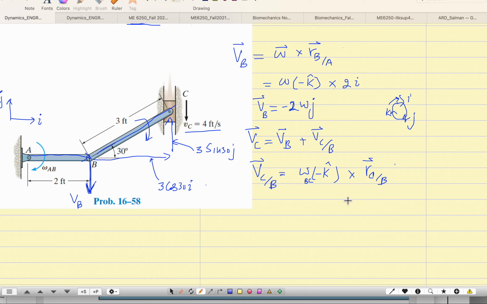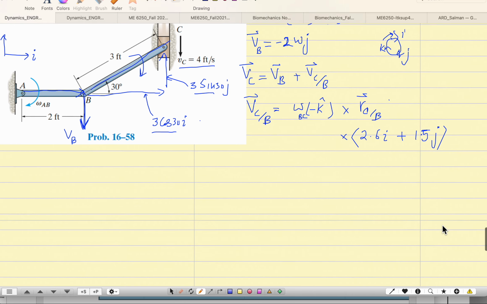So I can write down the cross with 3 times cosine 30, which is 2.6, and this is not j, this is 2.6 i. You can recalculate if I'm making some mistake. So 3 times cosine 30 is 2.6, and the other one is plus 1.5 j.